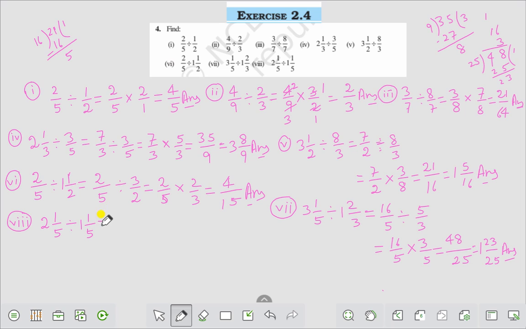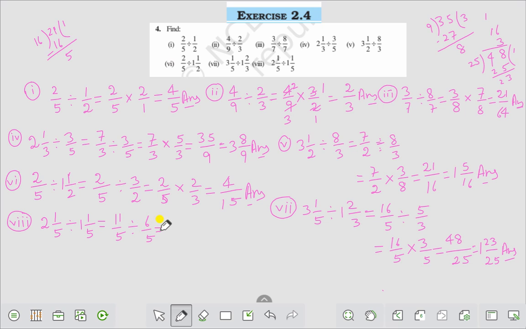That will be equal to, change to fractions first, multiply the whole number with the denominator and add the numerator. That is 5 twos are 10 plus 1, 11 by 5. 11 by 5 divided by 5 ones are 5 plus 1, 6, that is 6 by 5.